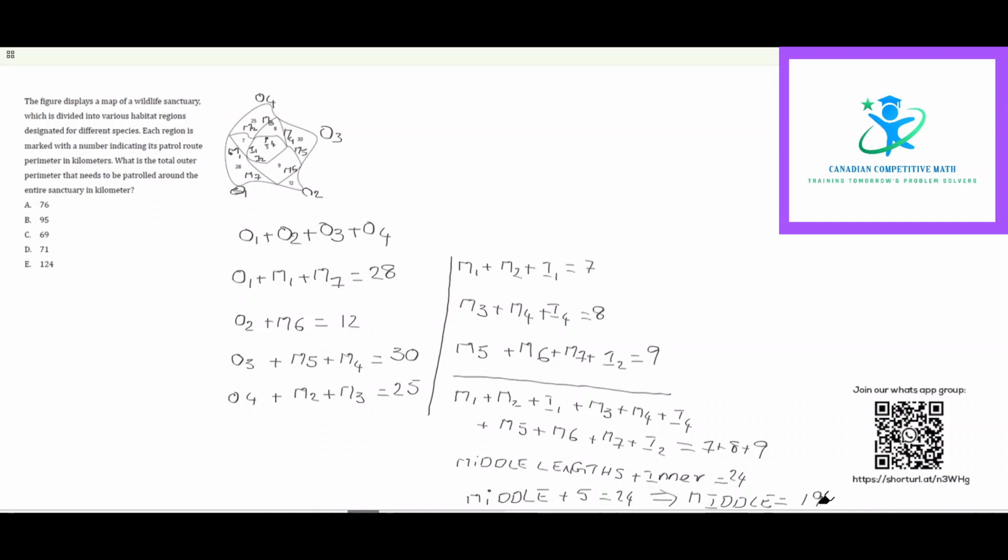Okay, now we understood that the sum of M1 plus M2 plus M3 plus M4 plus M5 plus M6 plus M7 equals 19. So just keep that in mind.